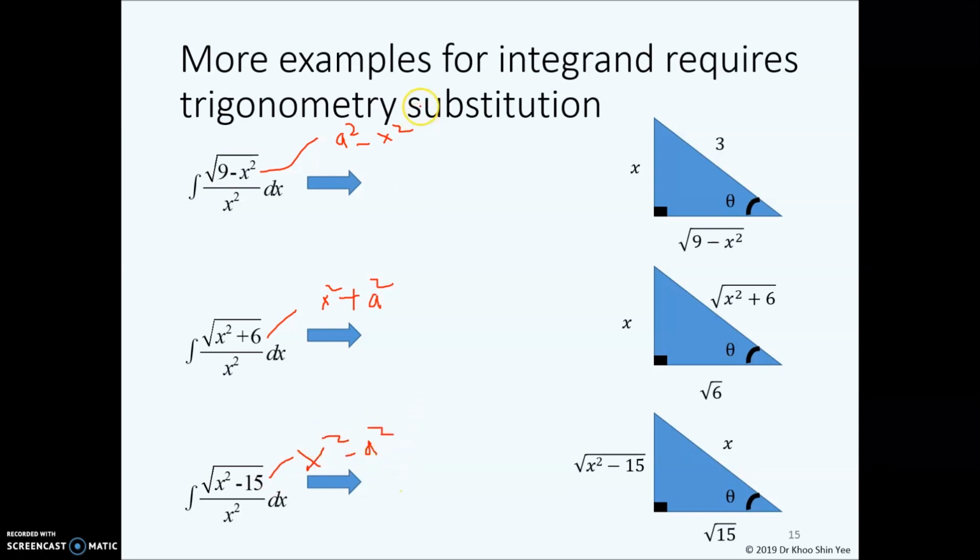In this case, you should know for the first case here, it is to be something in sine, and your a square is 9, so you should have 3 here. For the second case, it should be in tangent because it's positive. And the last case will be secant. Be careful, the a square is 6 here, so your a here is square root of 6. A square here is 15, your a is square root of 15 here.